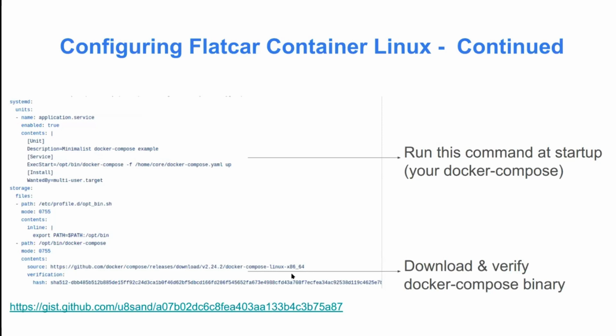It has to download that binary and verify it from GitHub. So that's pretty much the gist of it. Flatcar will boot up, it will download Docker Compose, install the binary, and then it will use that binary to run the Docker Compose that you specified.